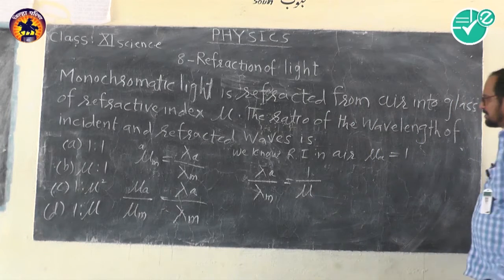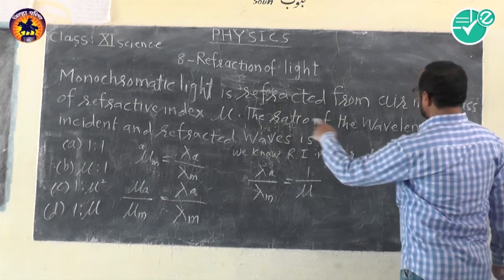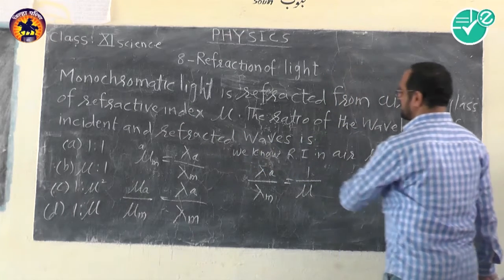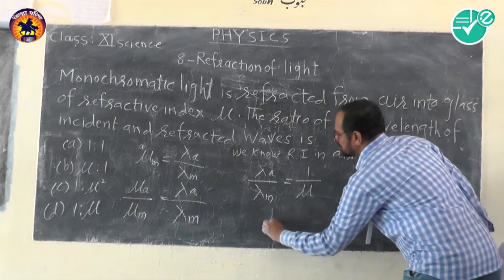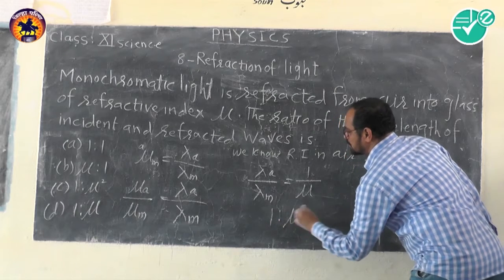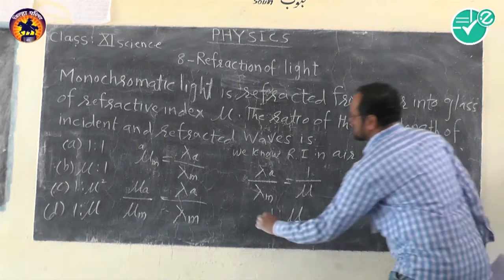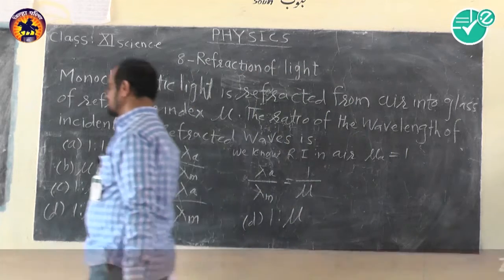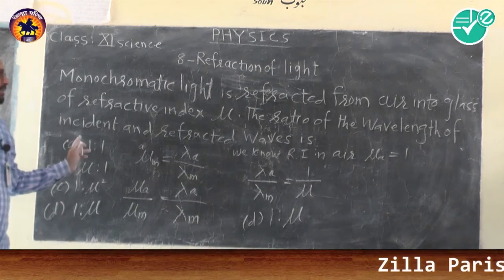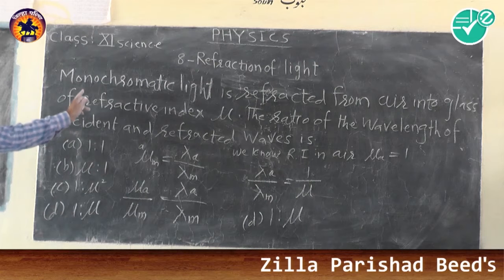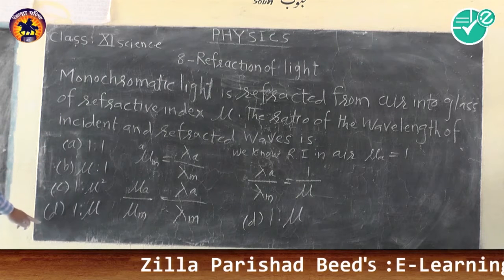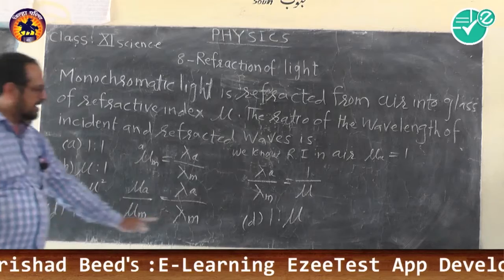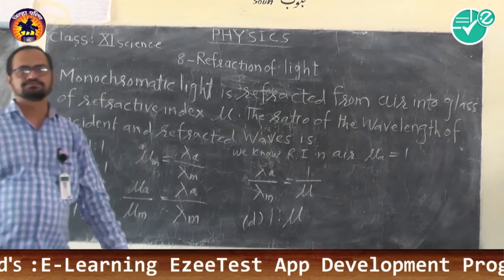So the ratio of the wavelengths of incident and refracted waves will be 1 raised to mu, and that is option D. Hence D is the correct answer.